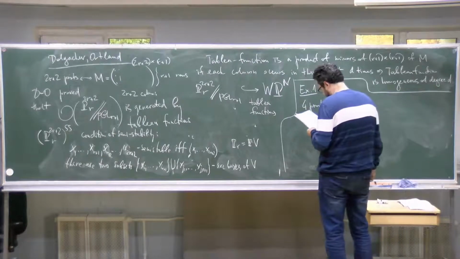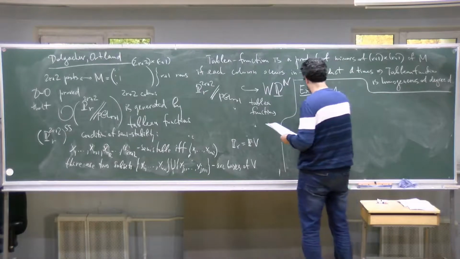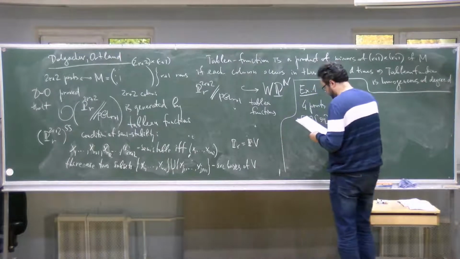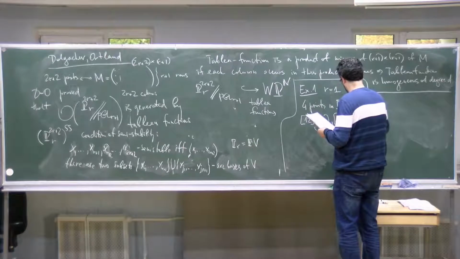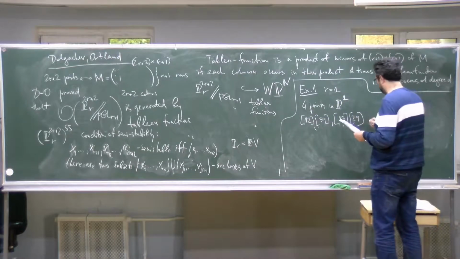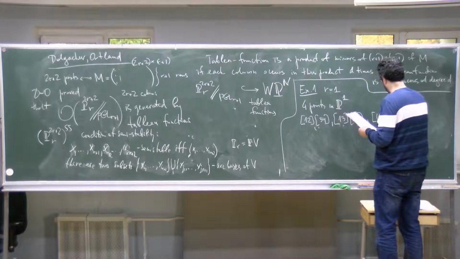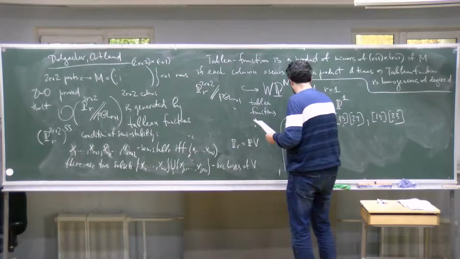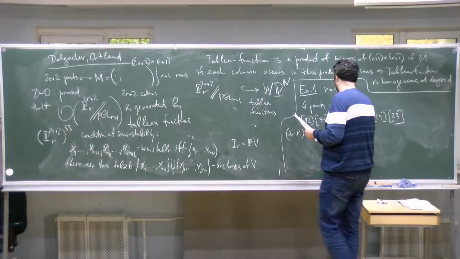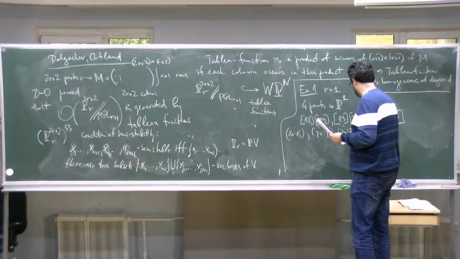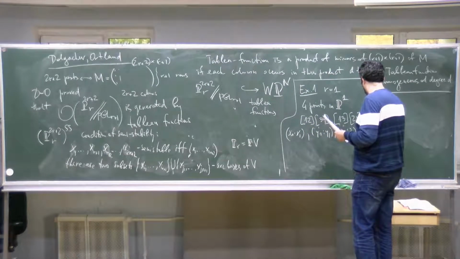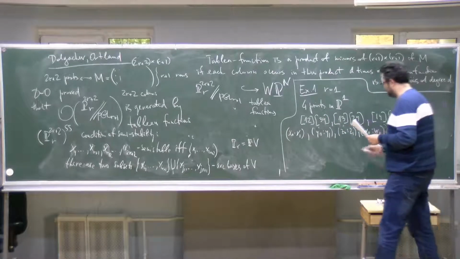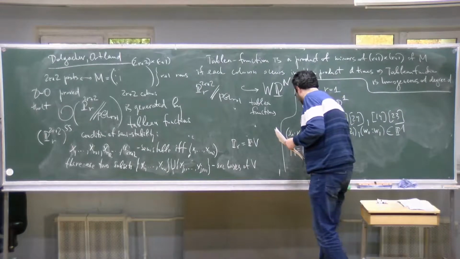There are 3 tableau functions: 1,2,3,4; 1,3,2,4. I will explain what it means. Consider 4 points, for example x0, x1; y0, y1; z0, z1; w0, w1. It's 4 points in P^1. So consider the coordinate matrices.